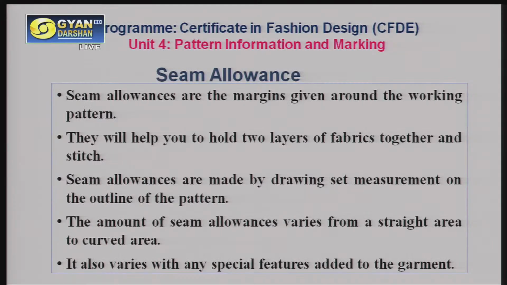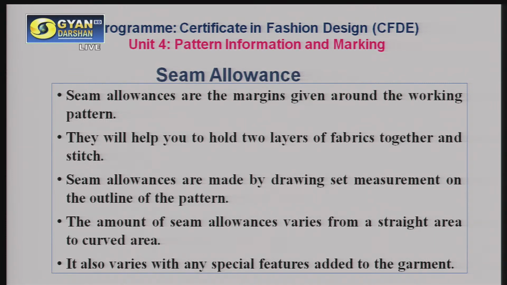The first topic discussed in this unit, the information we have on the pattern, is the seam allowance. Seam allowances are the margin given around the working pattern. So on the pattern which we have developed, a certain amount of seam allowance is given.